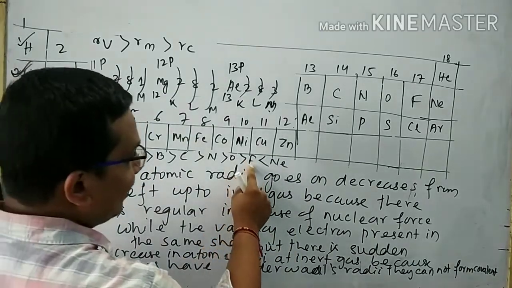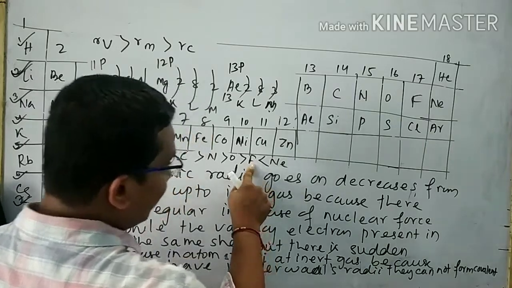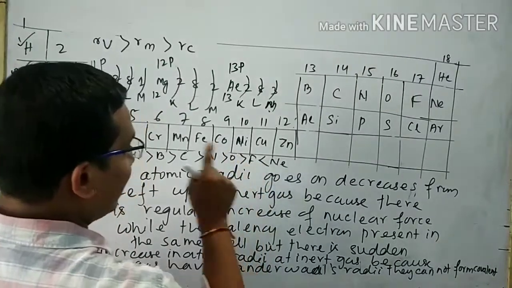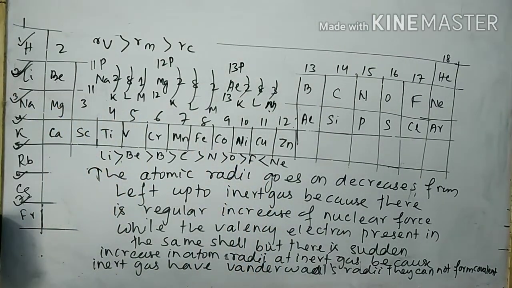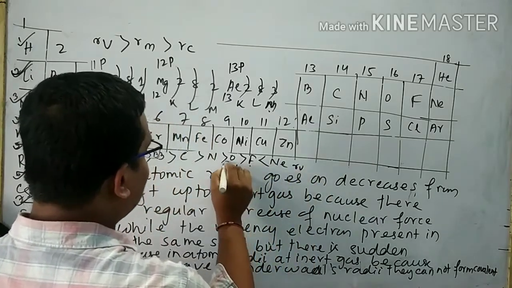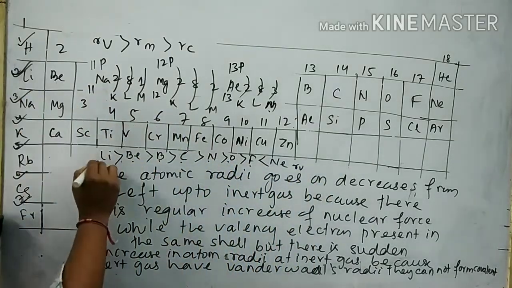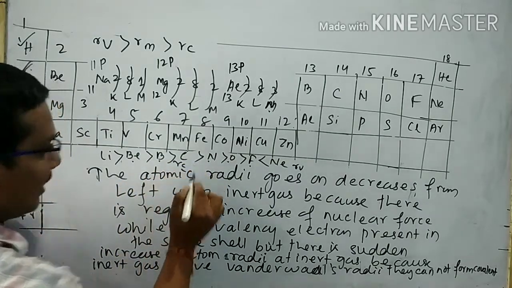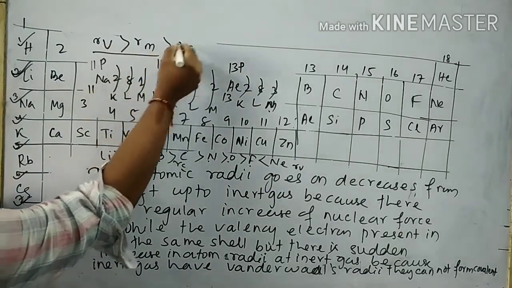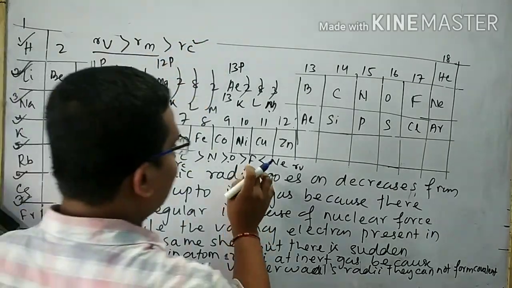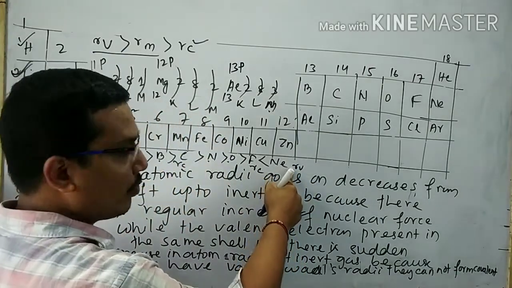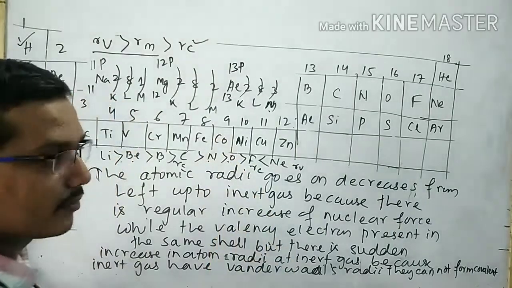That means fluorine does not have more atomic radii as compared to neon, but neon has more atomic radii as compared to fluorine. This is because neon shows van der Waals radii, while fluorine, oxygen, nitrogen, carbon, boron, beryllium, lithium show covalent radii. We know that van der Waals radii is more than covalent radii.